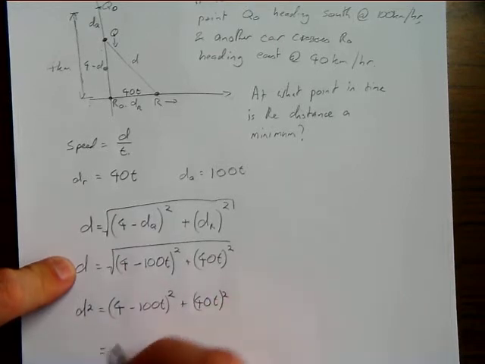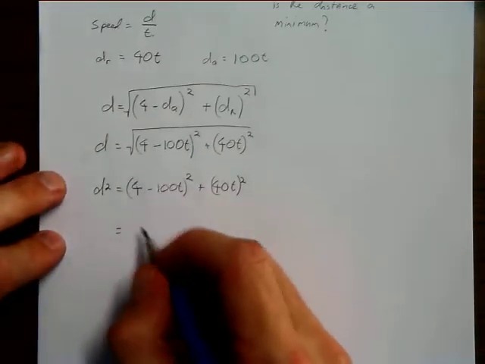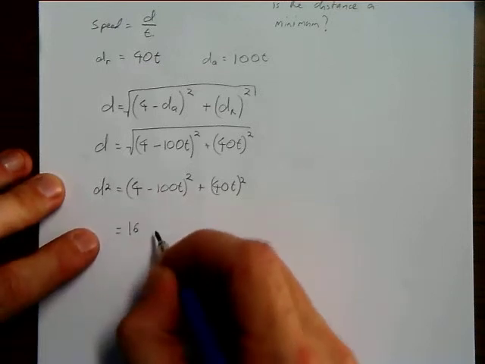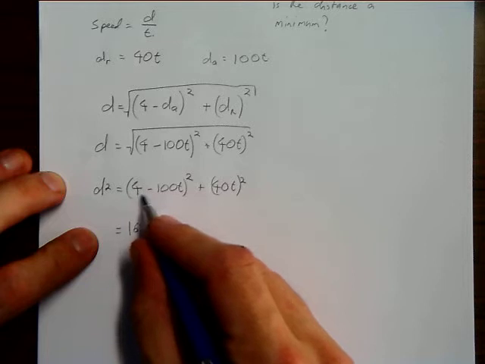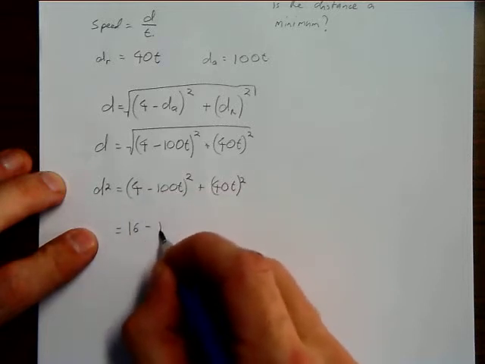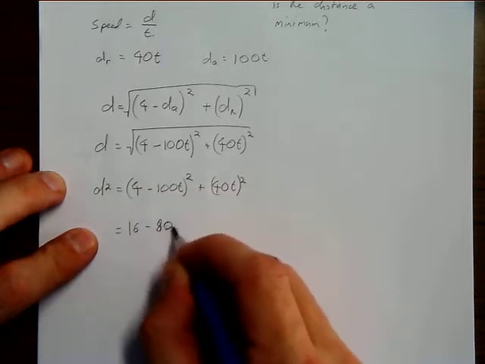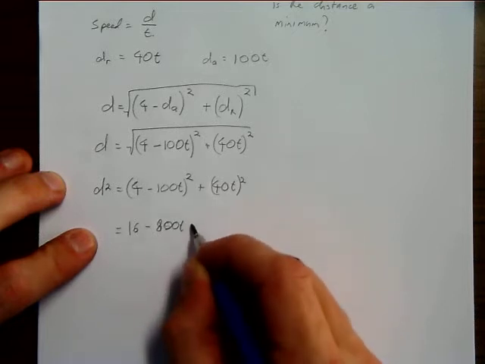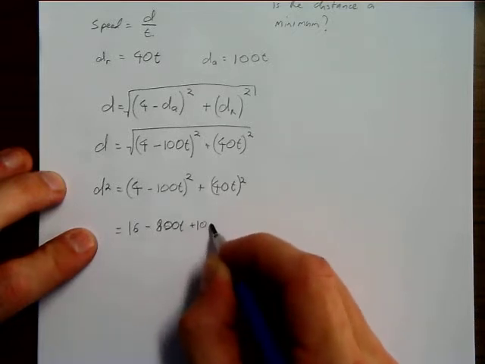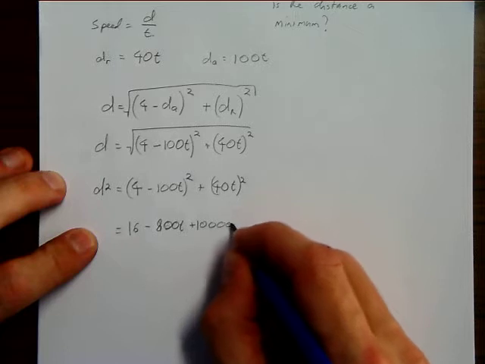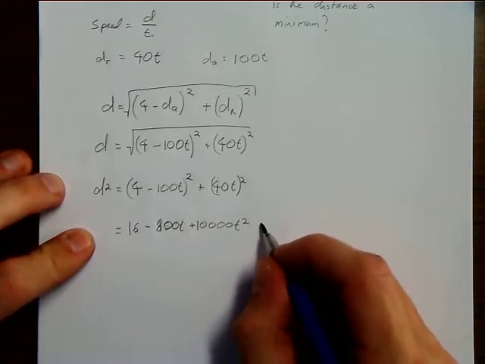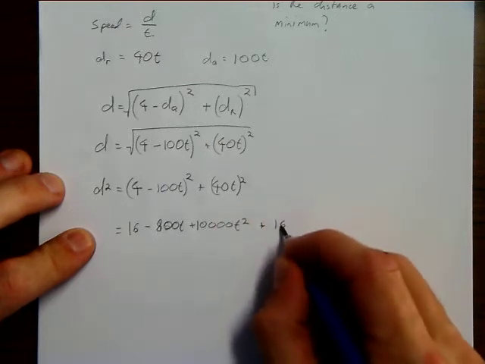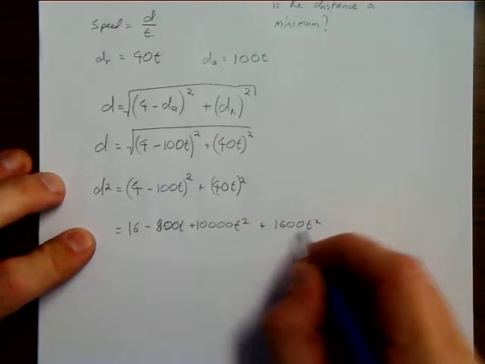Okay, so let's just expand this. I'll talk about why after. So take 400, take 800t plus 10,000t squared plus 1600t squared.